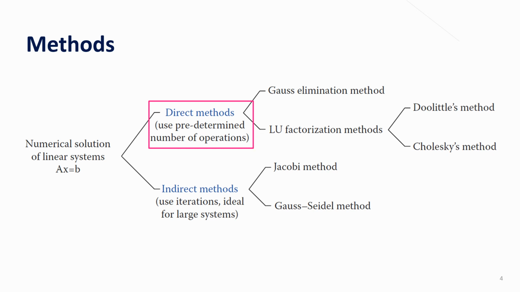These methods transform the original system into an equivalent system in which the coefficient matrix is normally either upper triangular or lower triangular or diagonal, making it much easier to solve. Later on, these are known as the Gauss elimination method and LU factorizations.